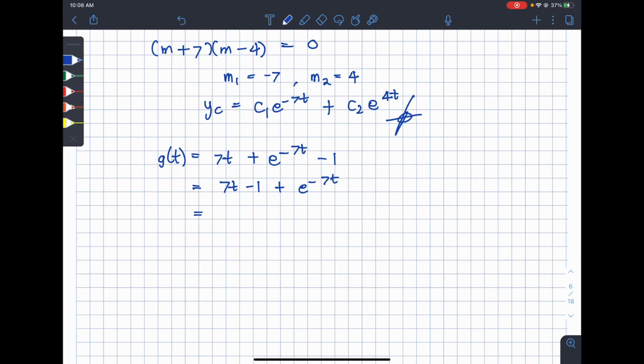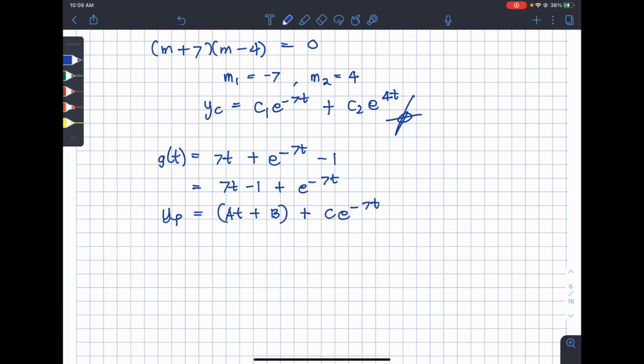Just like what we did before, our particular solution would be At plus B, and then plus C e raised to negative 7t. So that would be our trial particular solution.